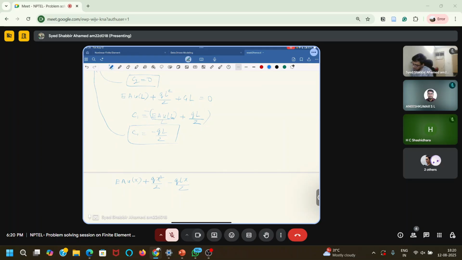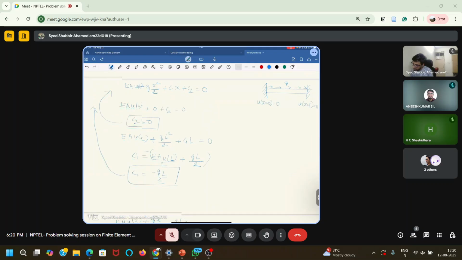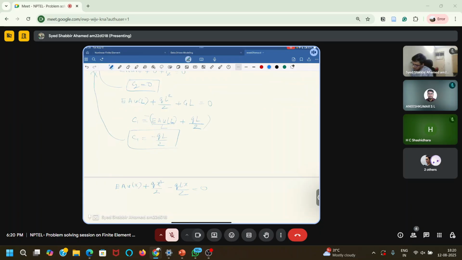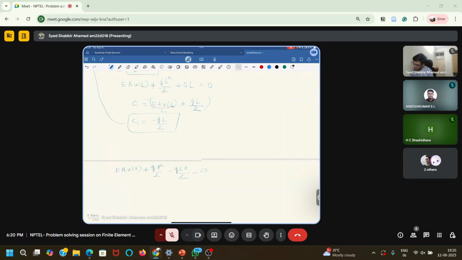Anyway, it becomes 0. So minus qLx by 2 is equal to 0. So now I rearrange this.